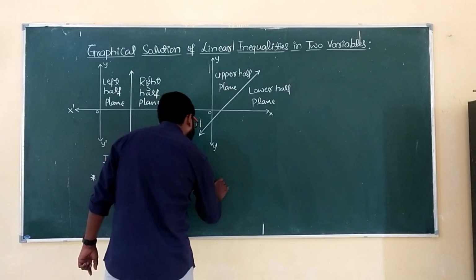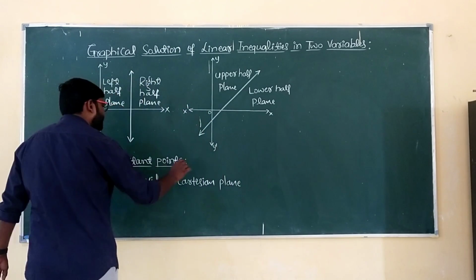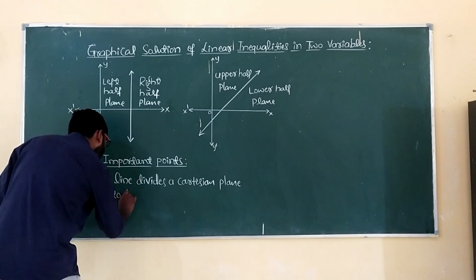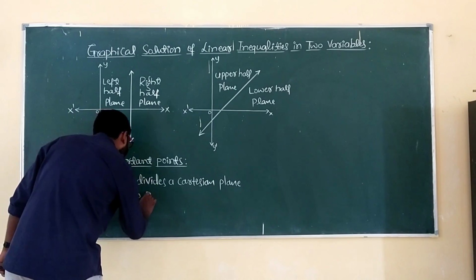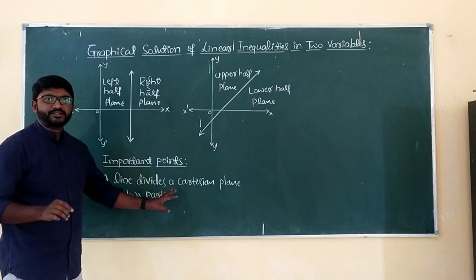A line divides a Cartesian plane or an xy plane, both are the same, into two parts.